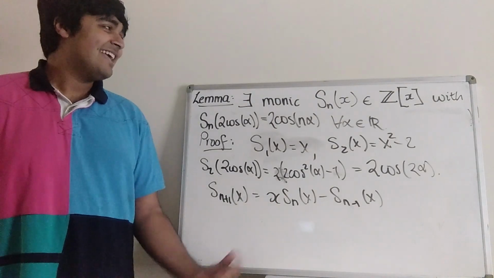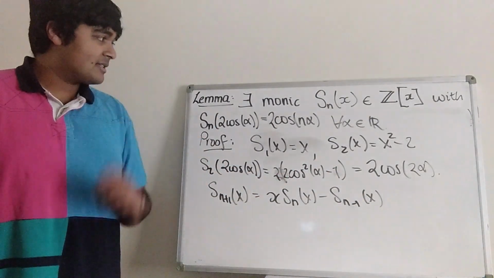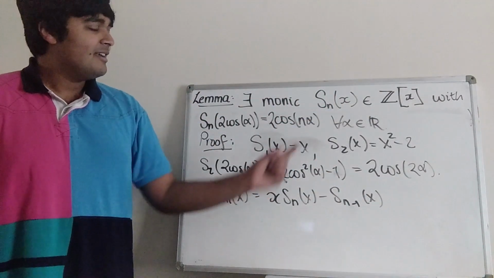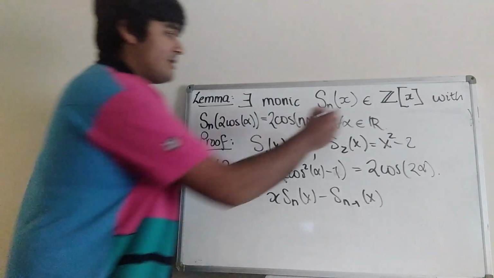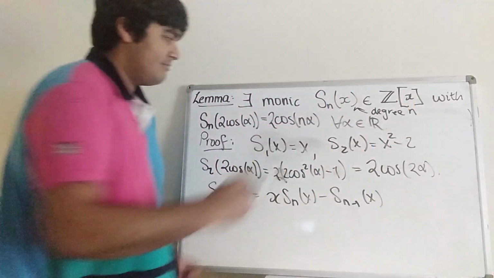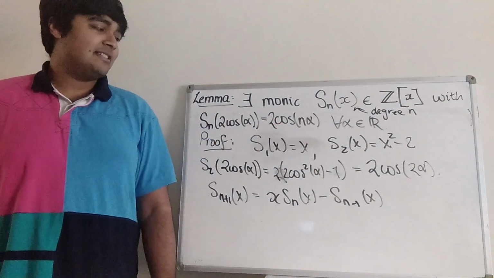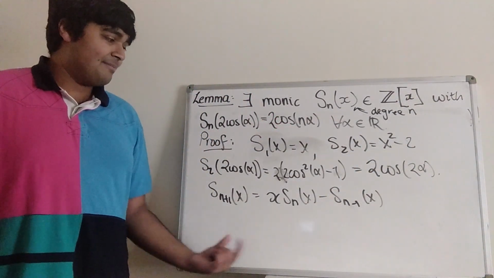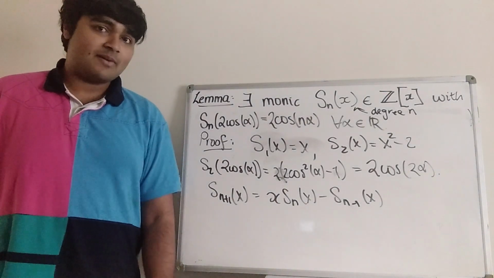Also this is of degree n plus 1. I should have said in the statement that Sn of x is of degree n, so S1 of x is degree 1, S2 of x is degree 2, and this is of degree n plus 1, because this is degree n times by x.